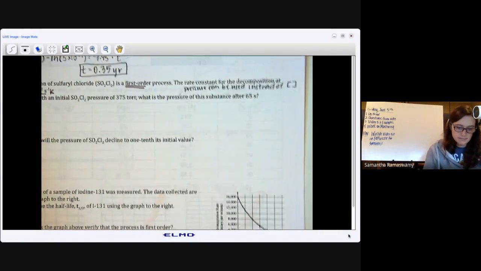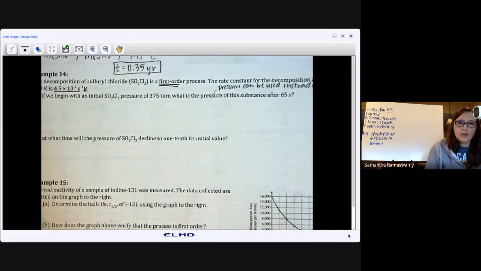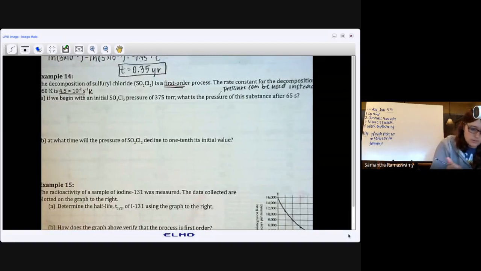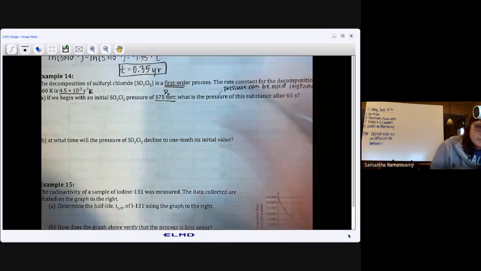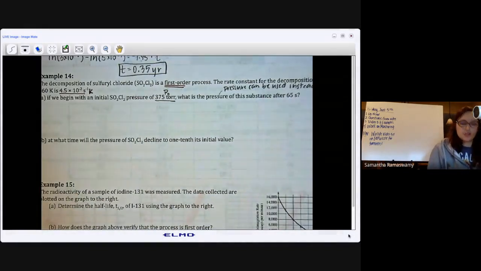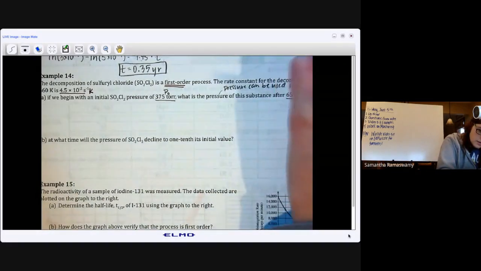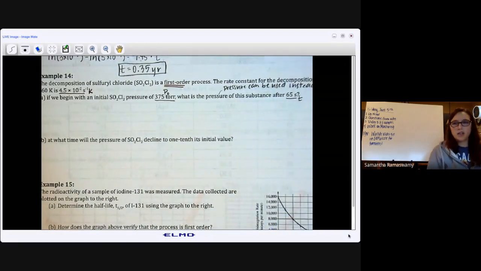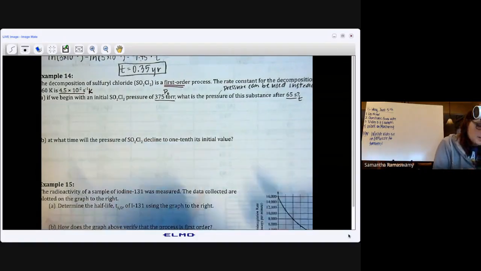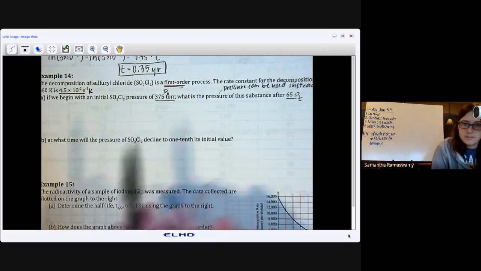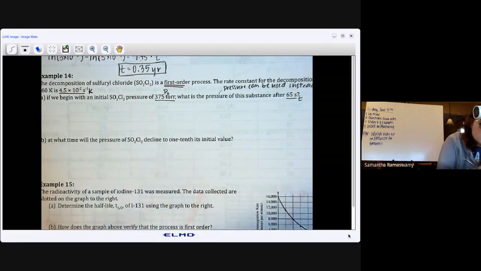So if we begin with an initial pressure, so here is P initial. What's the pressure after 65 seconds? So here's my time. I'm solving for the pressure after some time. I'm dealing with pressure versus time, integrated rate law.